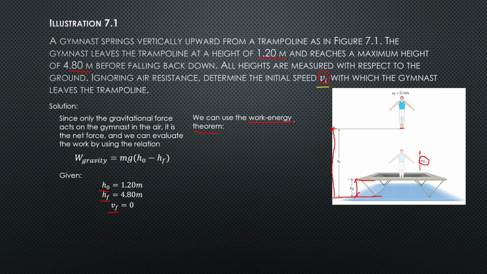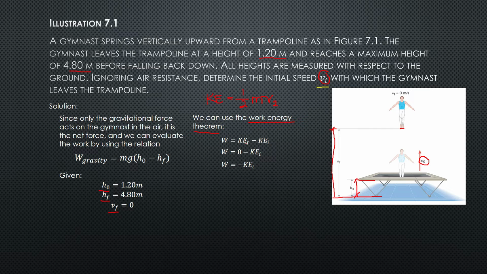Work energy theorem. So work energy theorem is equivalent to change in kinetic energy. Recall the formula for kinetic energy. Kinetic energy is equivalent to 1/2 mv squared, right? So the final kinetic energy minus the initial kinetic energy.